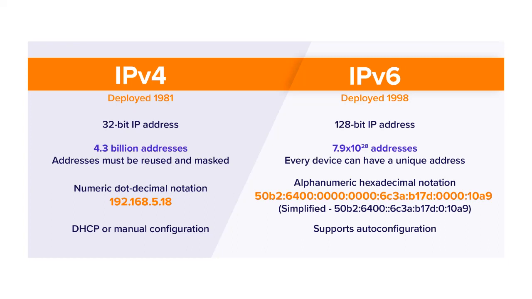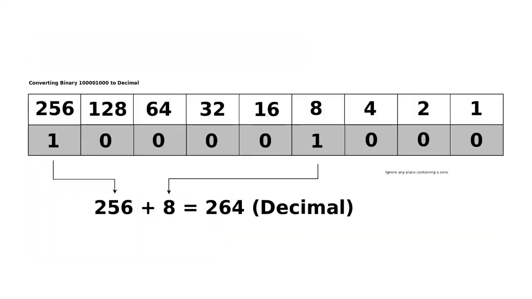Now you already have 64, so we need 2 more. Let's put a 1 in the 2 slot. Now if we count all the numbers with ones underneath them, you get a total of 66. All of the other bits would be zeros because we don't need to count them since we already have our number. So this is the binary version of 66.